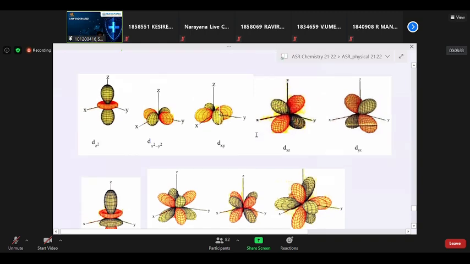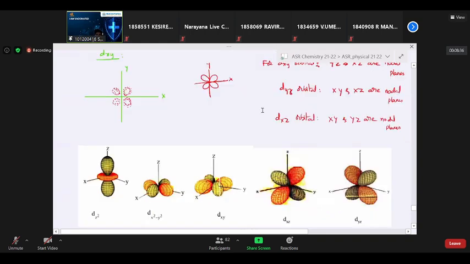So for dx square minus y square, I'm giving the nodal planes. Suppose you are taking them, so this is the x-axis and y-axis of dx square minus y square.